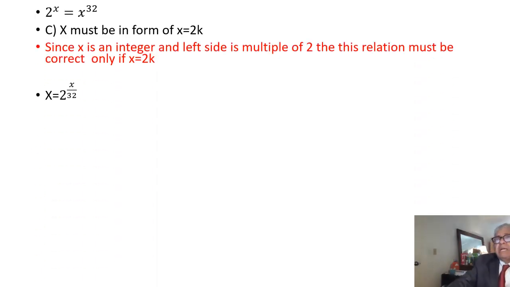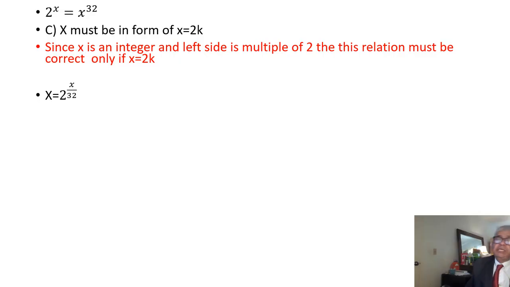Now, looking at this problem in this form, if we take the 32nd root of both sides, we will have x equal to 2 to the power of x over 32.